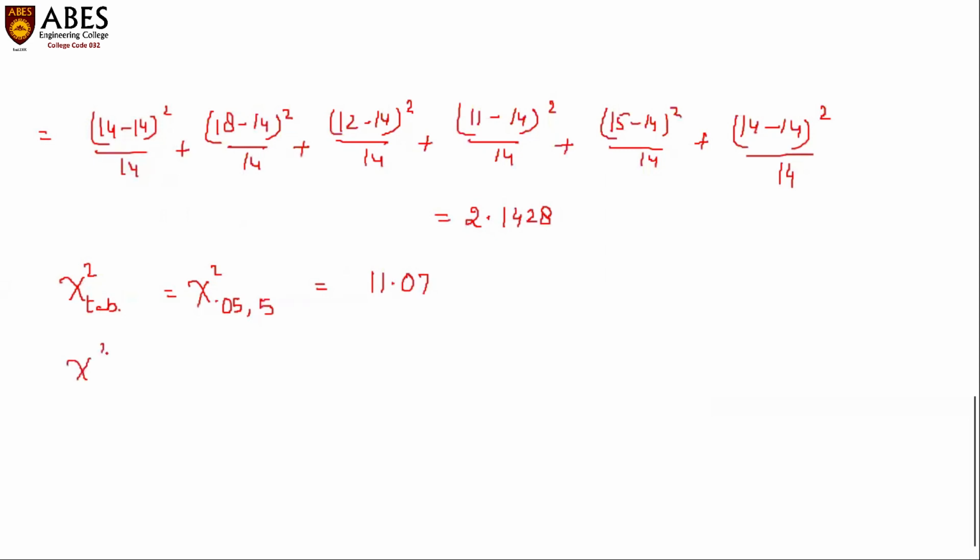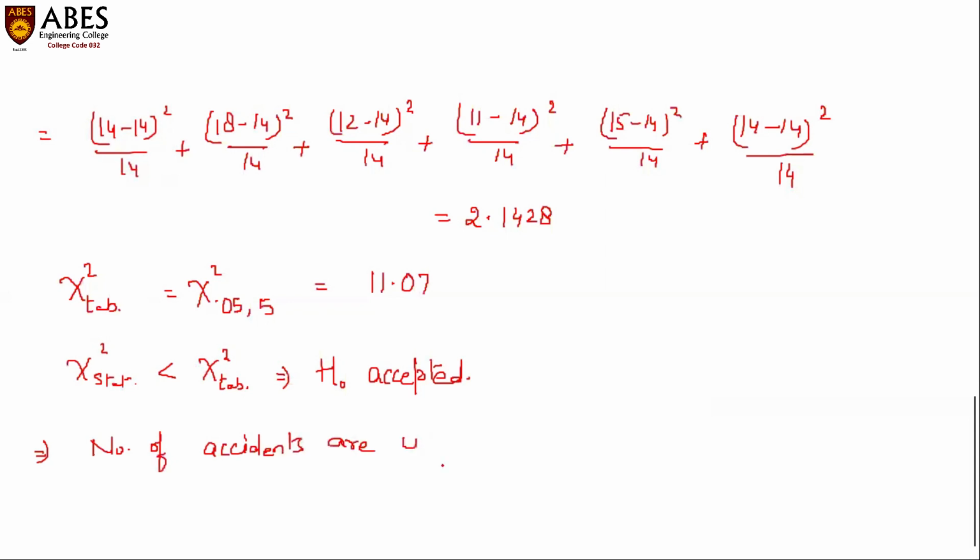Since chi-square statistics is less than chi-square tabulated, we claim that H naught is accepted. That is, the theory is supported by the experiment, or we can say that the number of accidents are uniformly distributed over the week.